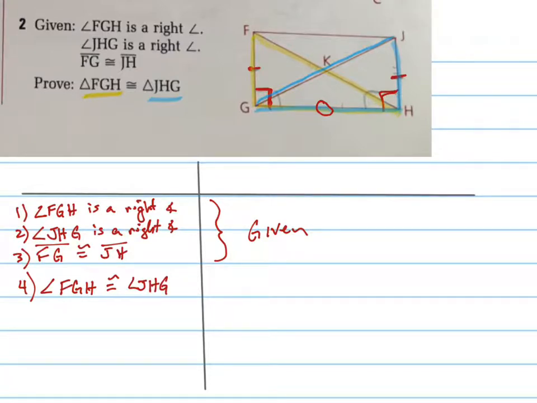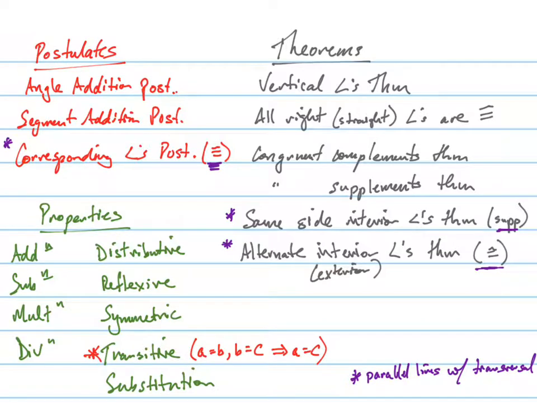And that's because if you look at your postulates and theorems, which one of these postulates, theorems, and properties am I going to use to show that? It's right here. All right angles are congruent. That's one of our theorems.